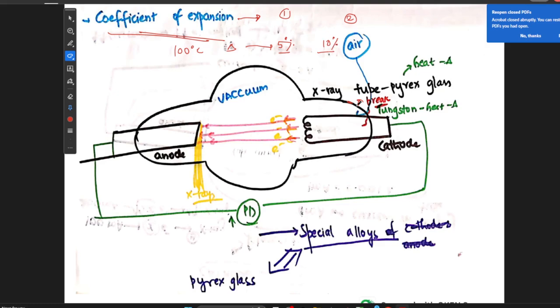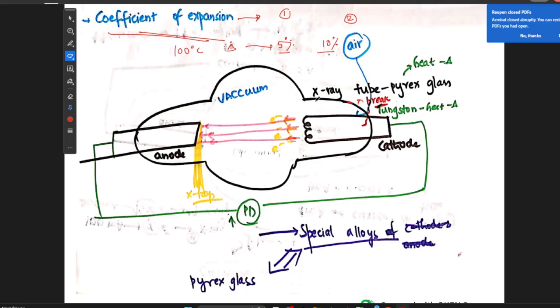The coefficient of expansion for the X-ray tube and the tungsten filament is different. Because of this difference, they both expand by different amounts. As a result, the seal or contact between the wire and the X-ray tube will break, and when it breaks, the system will break down and we can't use it again.